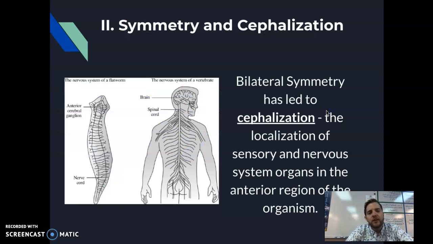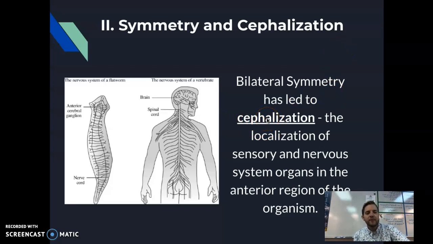Now, cephalization is something that is found predominantly, exclusively in bilaterally symmetrical organisms. So you should probably put a note on the side to say, okay, so then bilateral and cephalization indicate that the organism is more complex. And if it's bilateral and it doesn't have cephalization, well, then it's not as complex as ones that do. So cephalization, ceph means head.